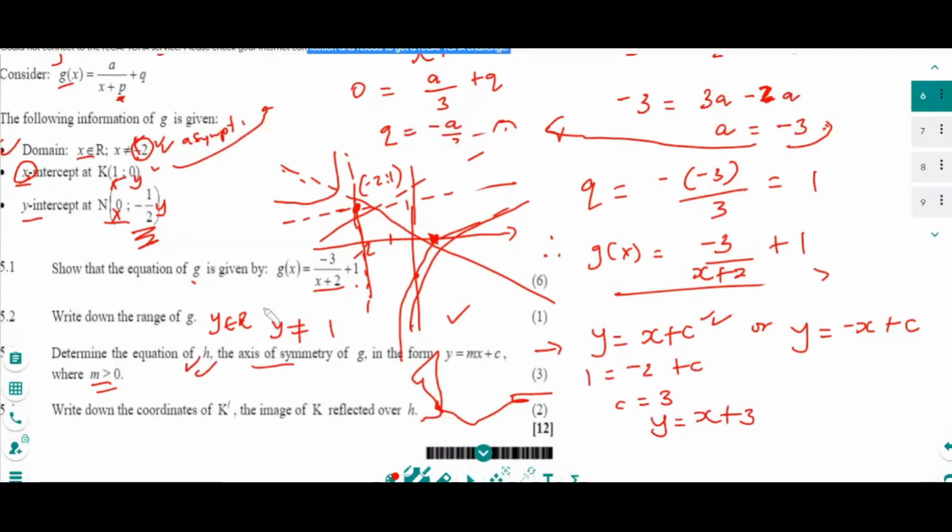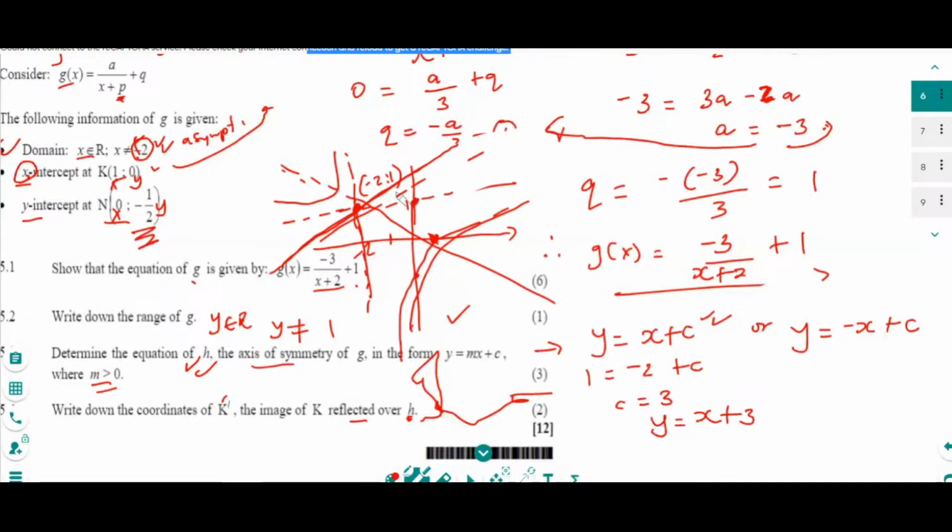That is 5.4. And then 5.5, write down the coordinates of the image of k reflected over h. The line of focus is something like this. Our k was 1 and 0, this point.